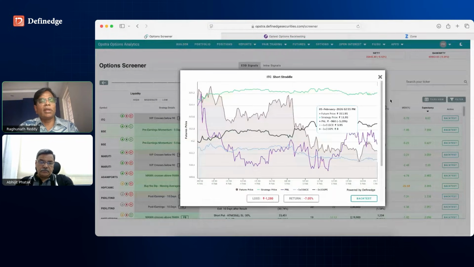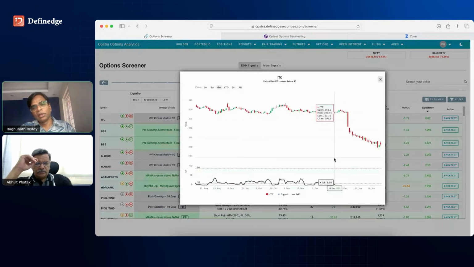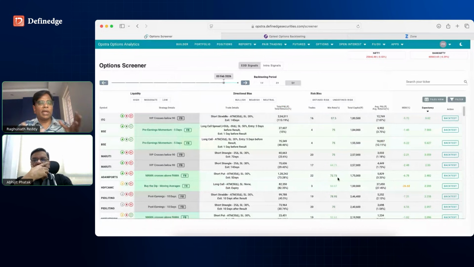Okay, you got a signal, but you want to check the chart. You can check the chart and see whether it is sideways, bearish or bullish. If something doesn't agree with you, if they are in the opposite direction, then don't do that. You can add your own analysis on top of that and then decide whether you want to take the trade or not.